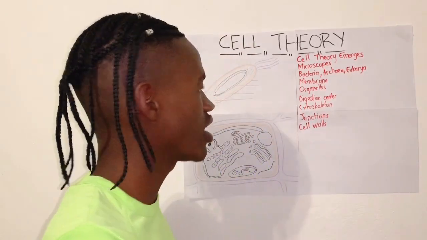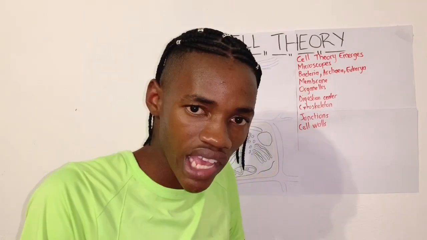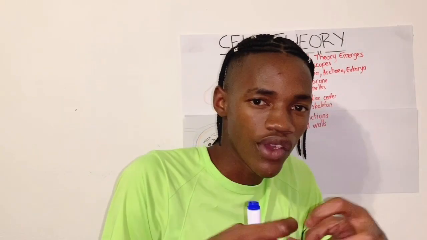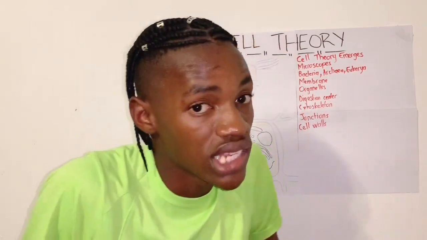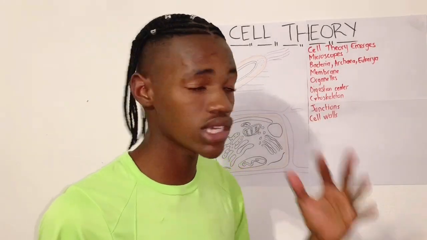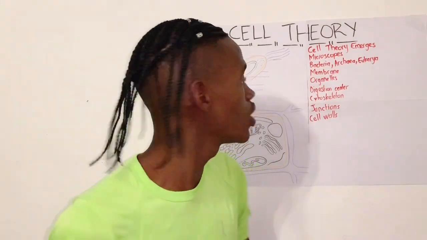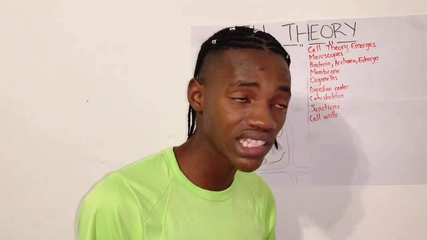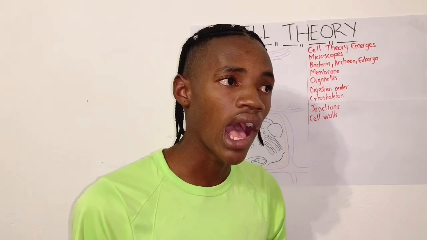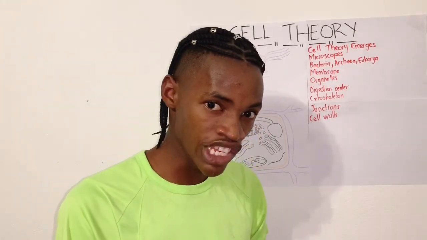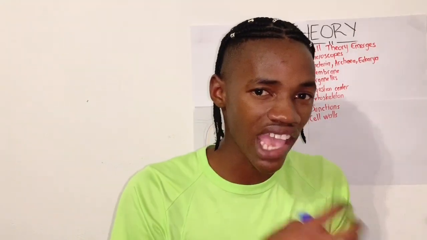It represents both bacteria and archaea, because they are very closely related, even though they are different, they are almost the same. I drew two structures to make this very simple, and we are going to label the structures, and give definitions and functions.